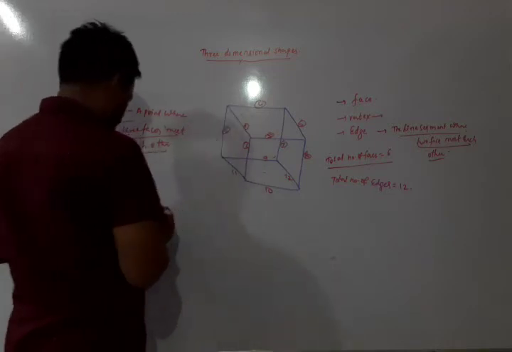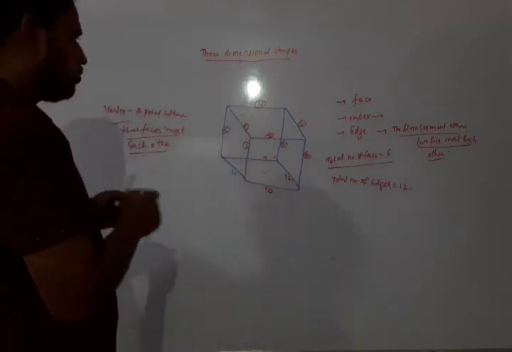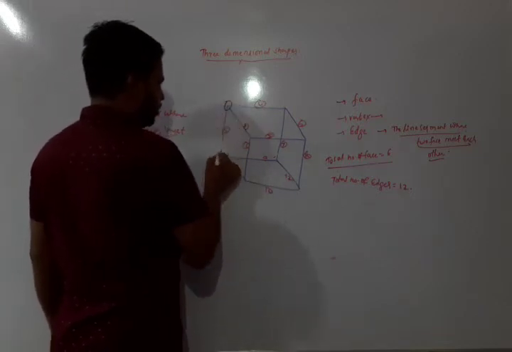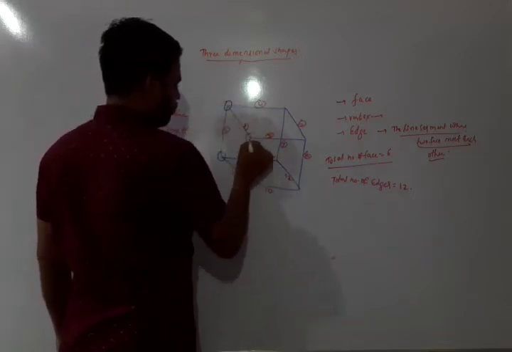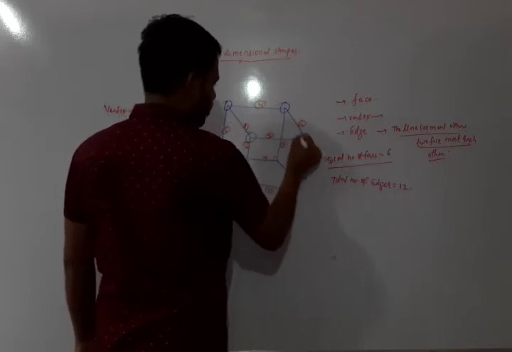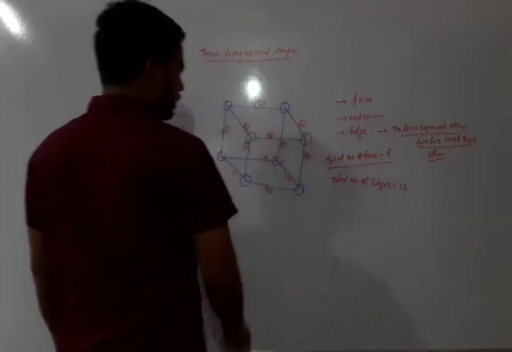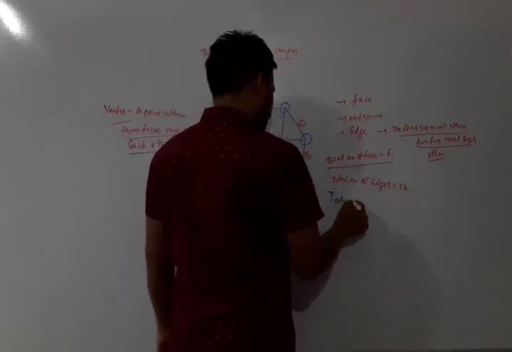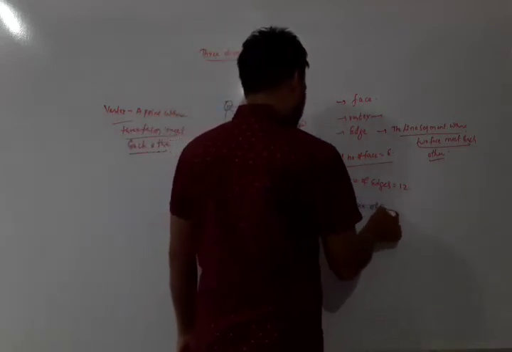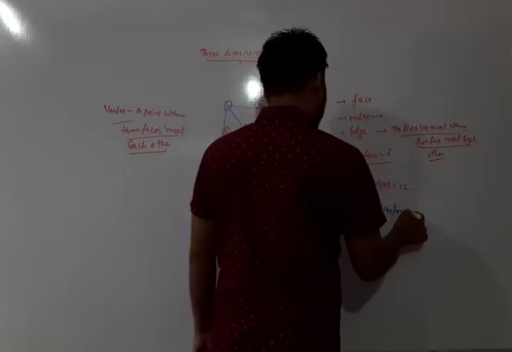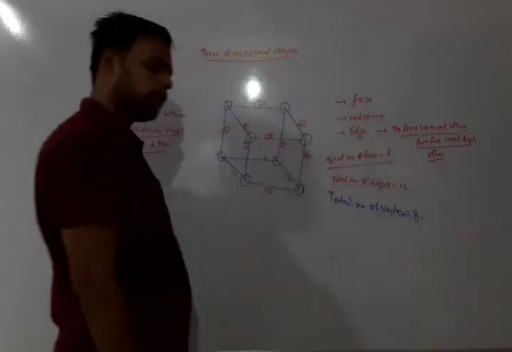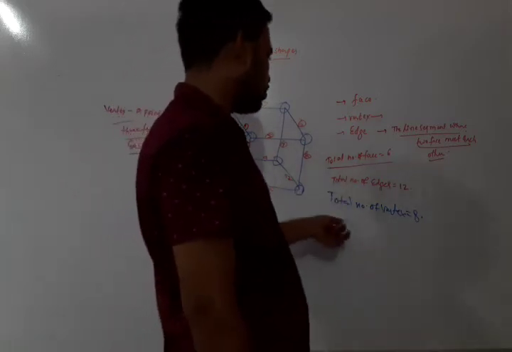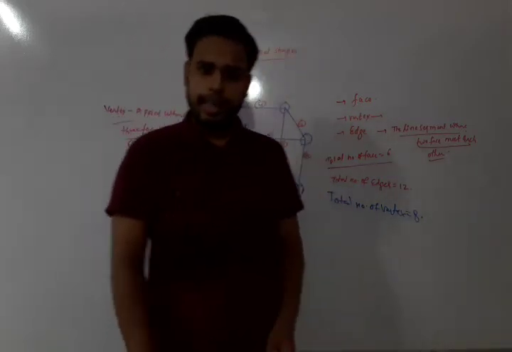So I am marking the different vertices. 1, 2, 3, 4, 5, 6, 7, 8. So the total number of vertices will be 8. So in the case of a cube and cuboid, the total number of faces will be 6, edges will be 12, vertices will be 8.